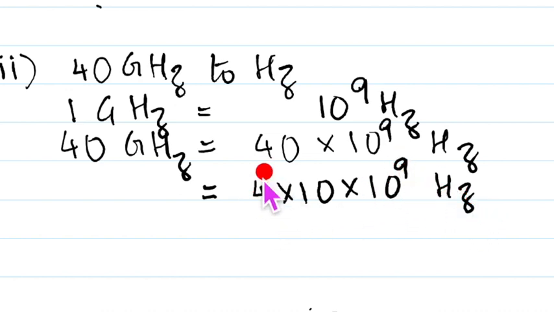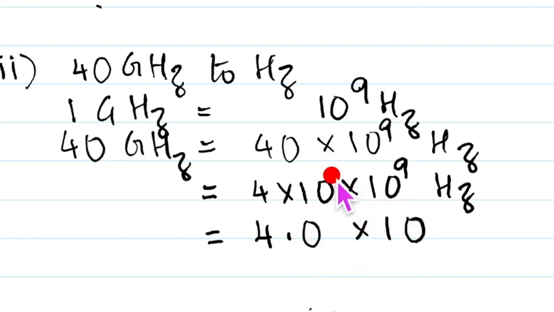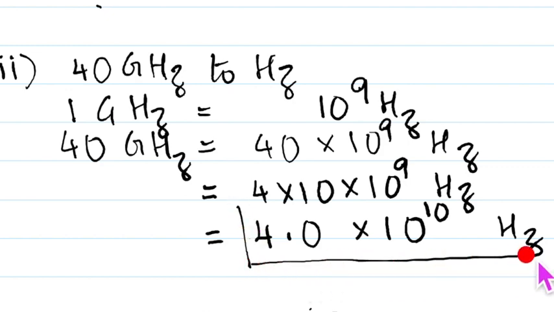As I told you, we write it as a single digit and a decimal. So we will write it as either 4 or 4.0 multiplied by 10 to the power 1, and this 9 will give us 10 to the power 10 hertz. And this would be our answer 2.